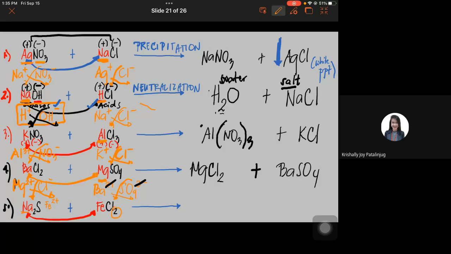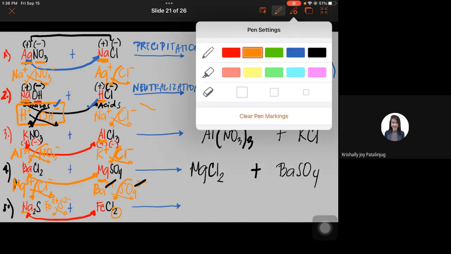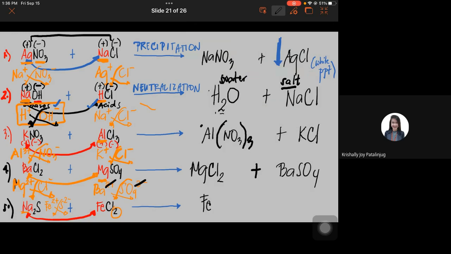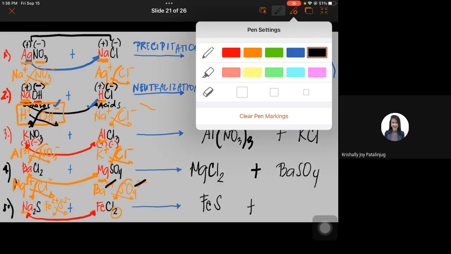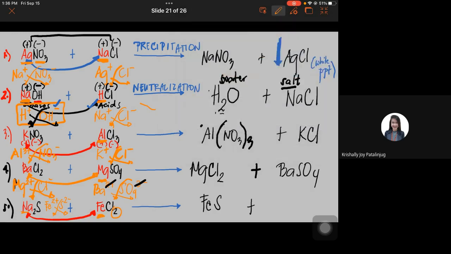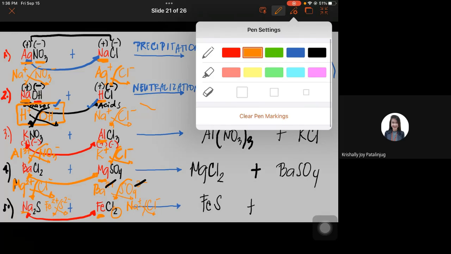Given this formula of ferrous chloride, so the ion of iron here is the 2 plus, the one with the charge 2 plus. Followed by sulfide. Sulfide is 2 negative. Okay? So you will produce the product ferrous sulfide. The other product is sodium chloride.